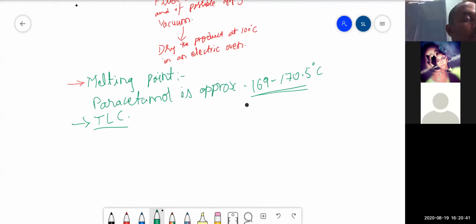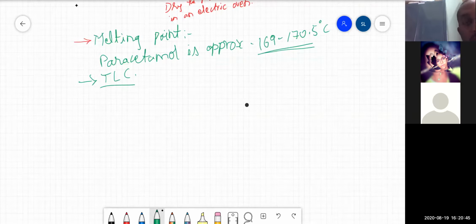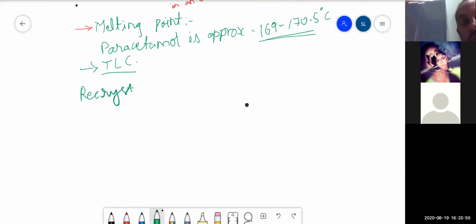Then the recrystallization. If the product is not completely pure, or if you want to remove any unreacted compounds or impurities present in them, then you have to recrystallize.